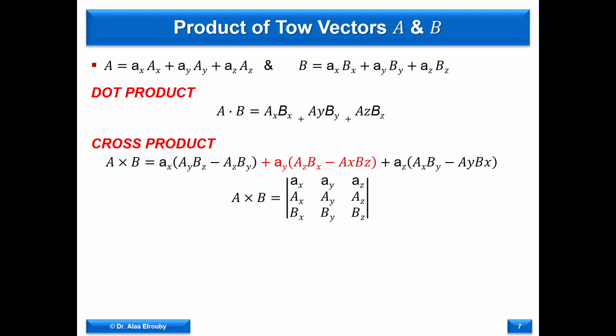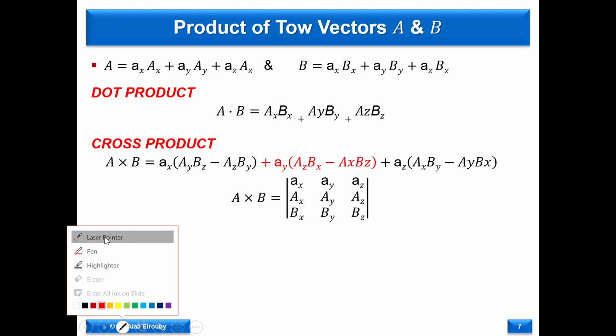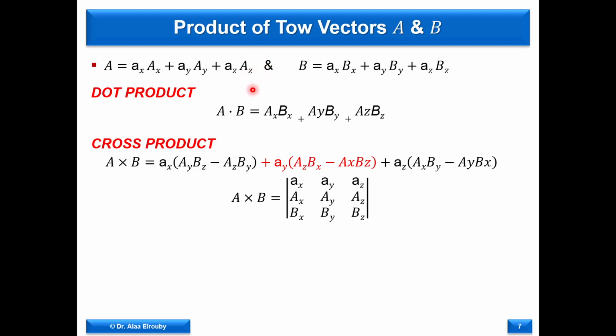Okay, so based on this presentation of vector A in the Cartesian coordinate system, we would go with the expression for the dot product, A dot B. We know that the dot product is distributive, so the dot product between A and B is the dot product of, if we put a bracket around this one and a bracket around this one, we'll find that ax dot ax equals 1.